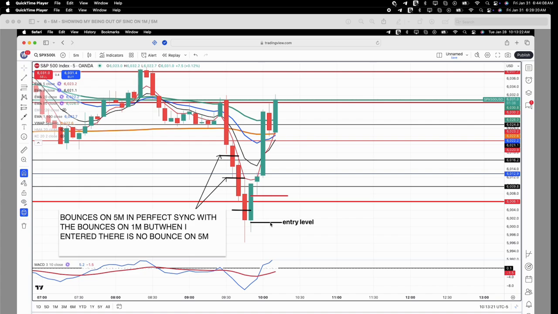Here is the level where I entered on 1-minute chart. However, there is no bounce on this chart, on 5-minute chart, of any kind of EMA at this level. And that's why I should have left it.